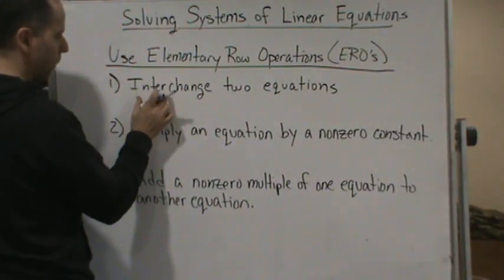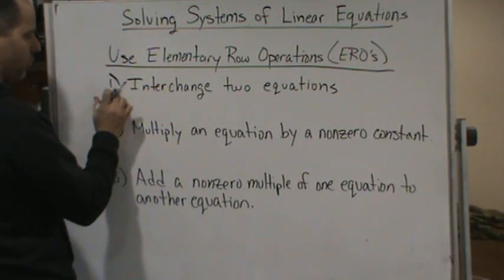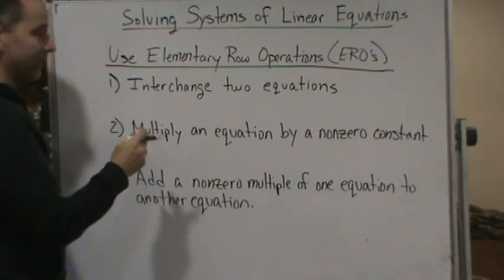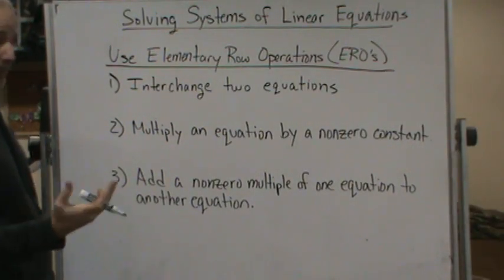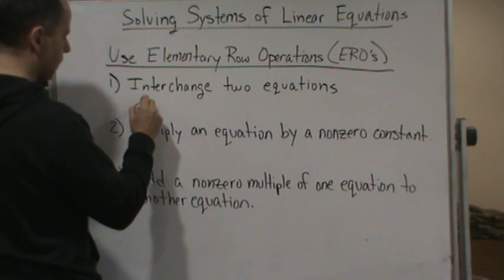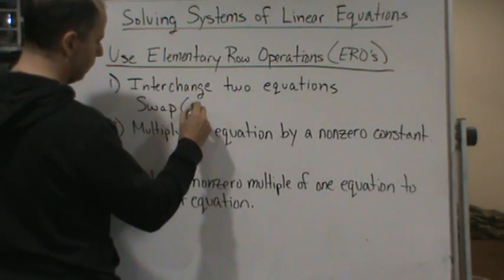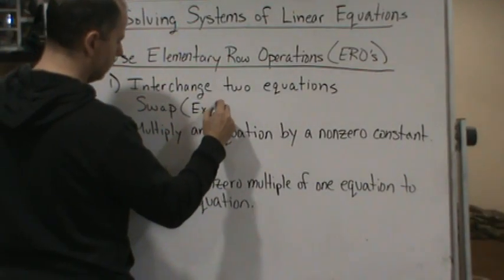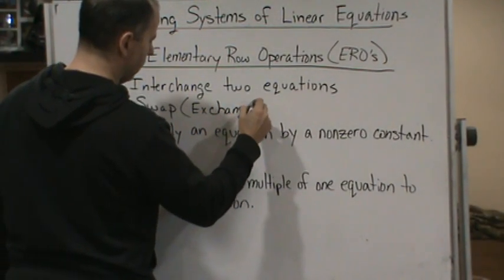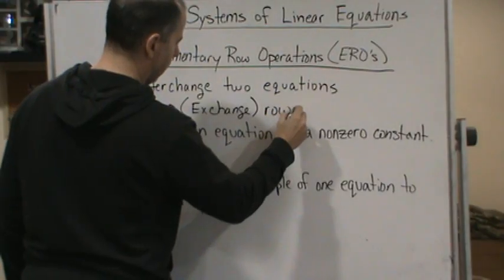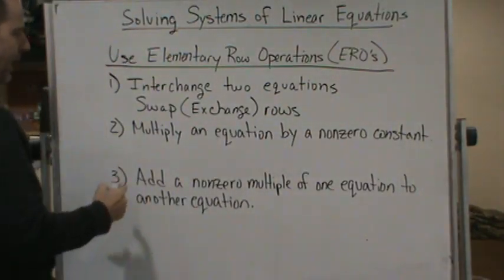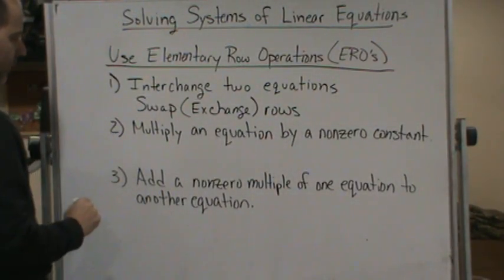The elementary row operation that corresponds to number 1 is that we can swap rows of a matrix, exchange rows of a matrix. So that is one of our elementary row operations.